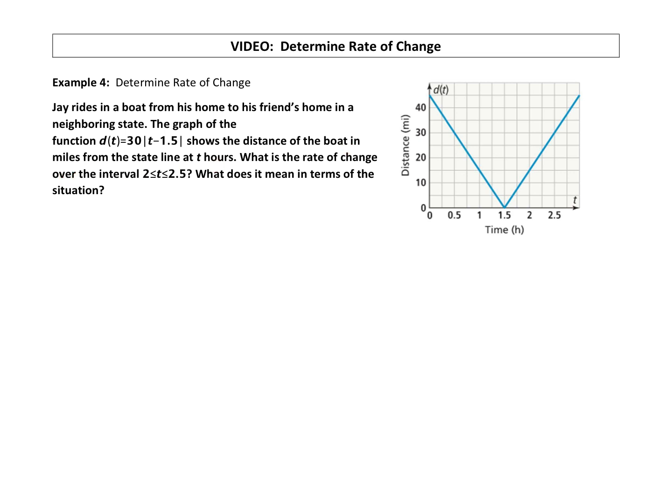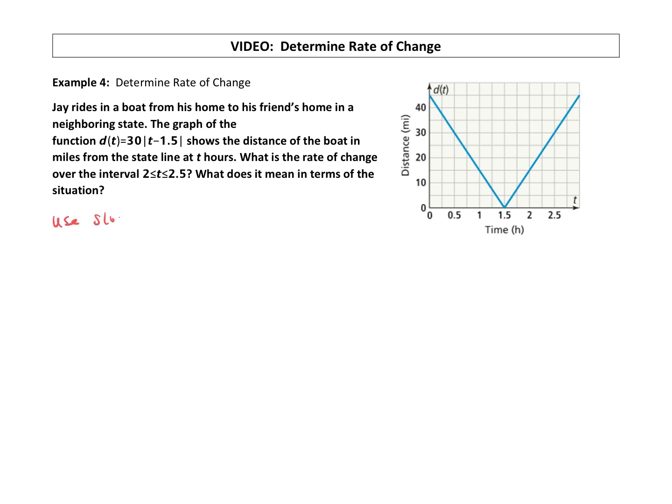So the question is, what is the rate of change over the interval 2 ≤ t ≤ 2.5? What does it mean in terms of the situation? So we are going to use our slope formula to determine the rate of change. So we'll make that note so when we look back at this, we know what we did.